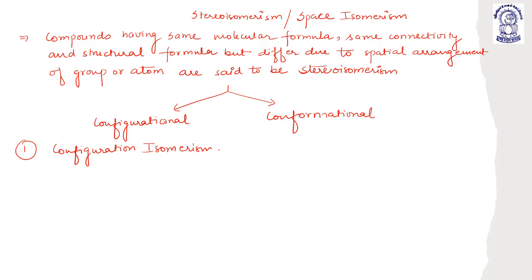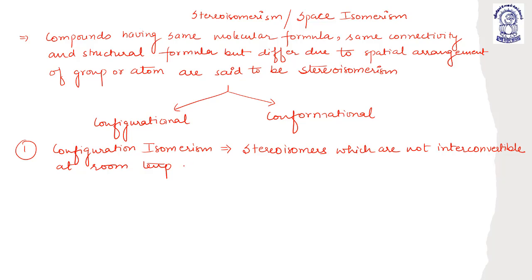According to configurational isomerism, the stereoisomers which are not interconvertible at room temperature are known as configurational isomers, as their configuration is changing.